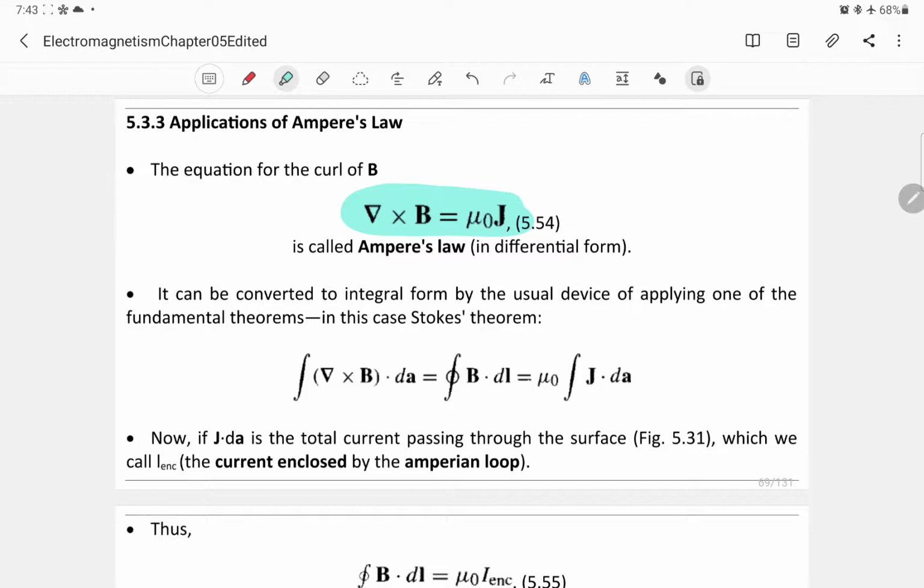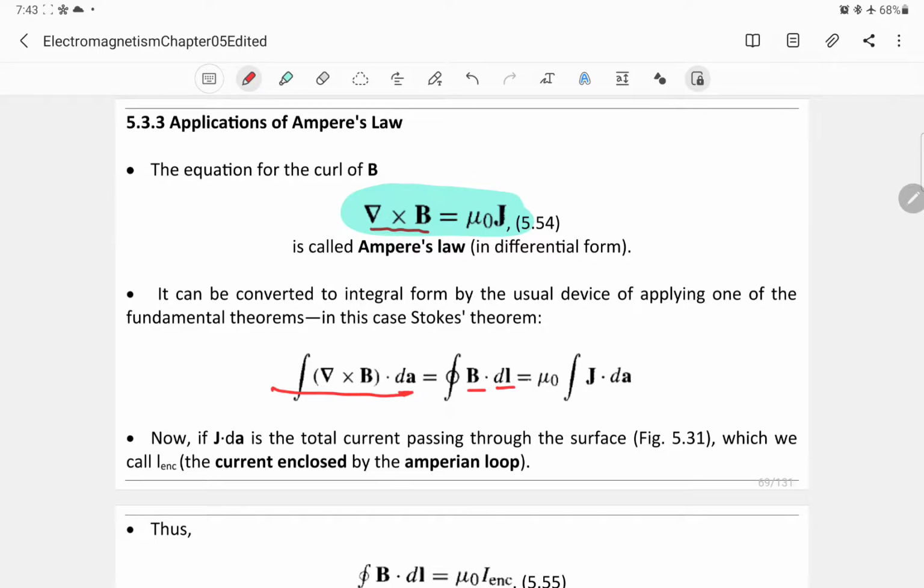So when you integrate with respect to an area, this term becomes this one. But we have Stokes' theorem that tells us that the integral of a curl over an area can be converted to an integral of just the vector over the surrounding boundary of the area, which is given by this.